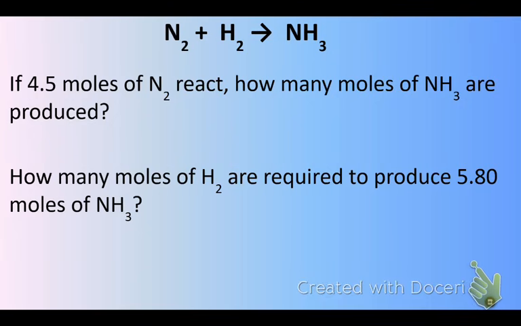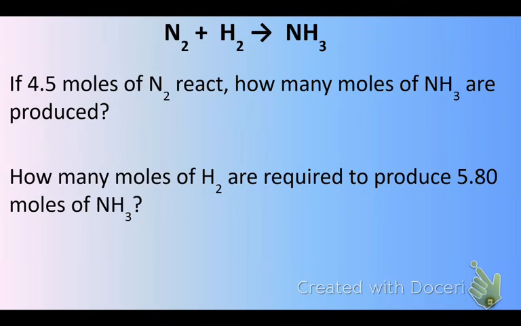All right, let's do one more. So I have nitrogen gas plus hydrogen gas makes ammonia gas. Okay, if 4.5 moles of nitrogen reacts, how many moles of ammonia are produced? Okay, so we're going to do the same thing.